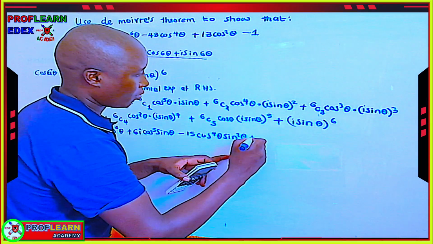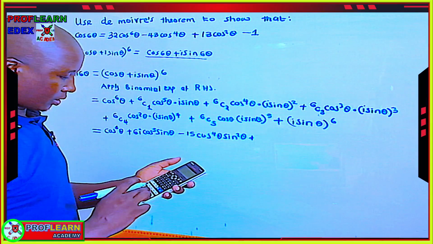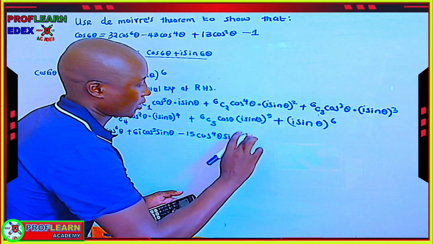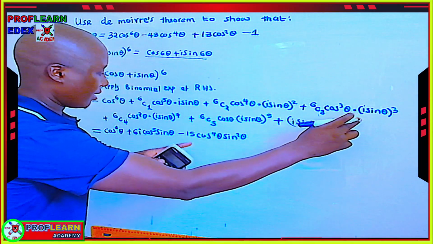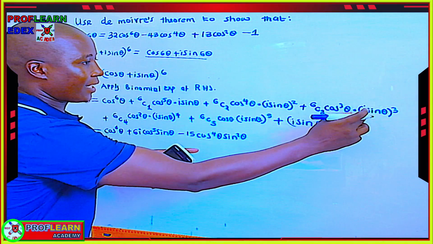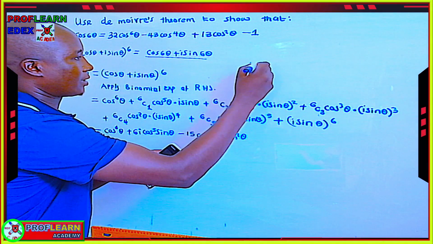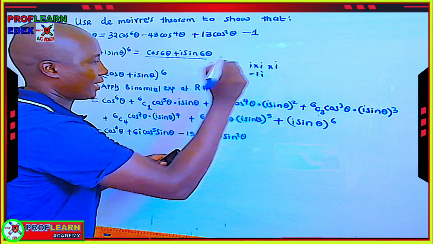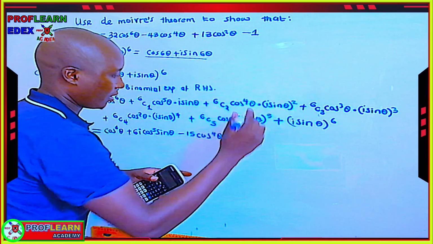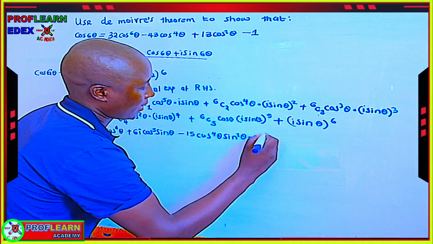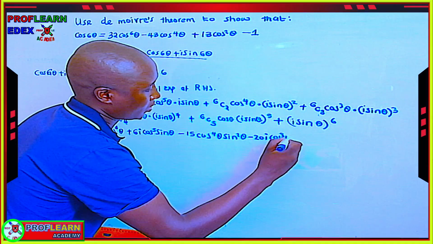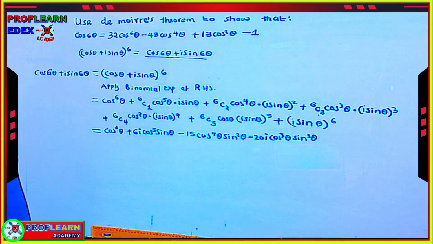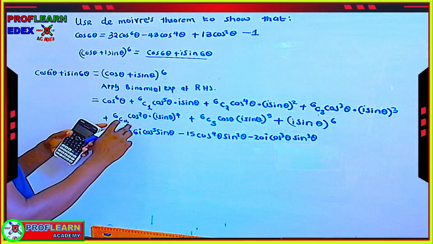Then this term will be what? 6 combination 3 will give us 20, but we still have i cubed. What's i cubed? i times i times i, it will be negative i. So we shall have here negative 20i cos^3 θ sin^3 θ as well. Then we also have this term here.